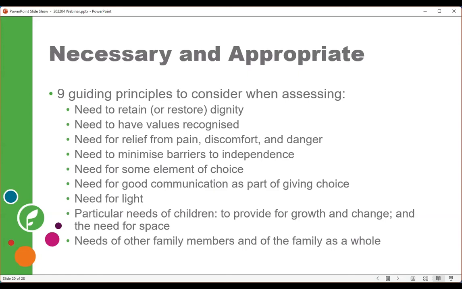So these are the things you should consider when assessing whether works are necessary and appropriate under the grant. So things like retaining or restoring dignity, having values recognised, element of choice, particular needs for children, and considering the needs of the family members and of the family as a whole.